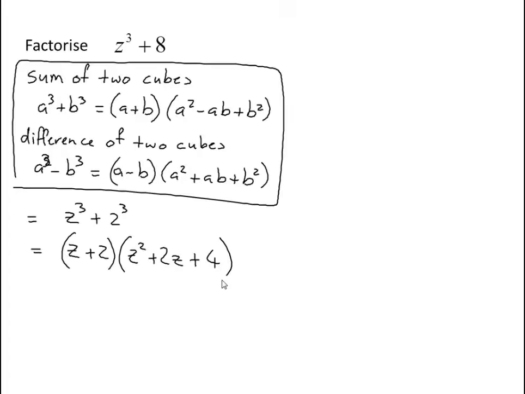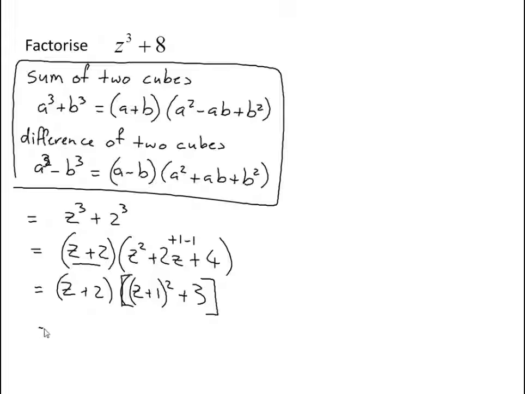Now that's factorised with a linear factor and a quadratic factor. How do we get from the quadratic factor? We complete the square for the quadratic factor. So z plus 2, and then I'll just do it all in one step, z plus 1 all squared, so a plus 1 and minus 1 up here, minus 1 plus 3 plus 4 makes plus 3.